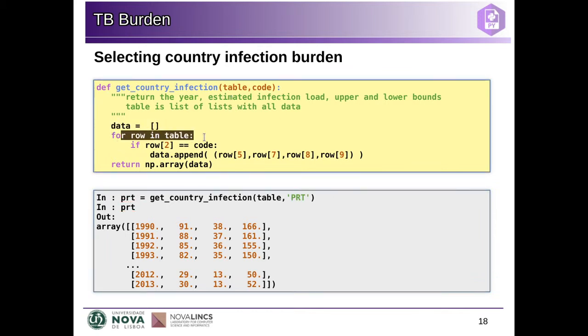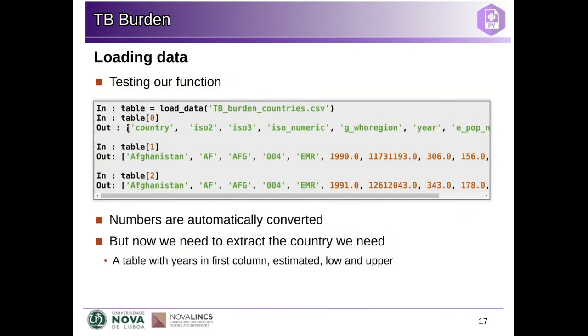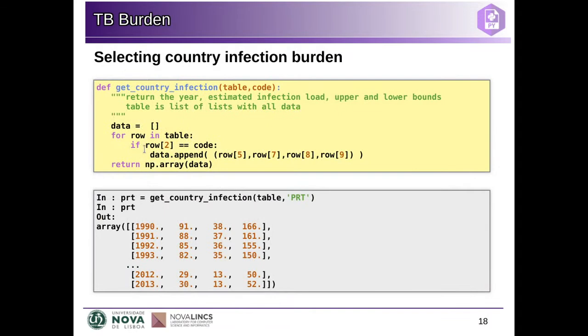For each row on this table, so for each of these lists here, it will look for the ISO 3 code that we specified in the third position. So if the element of index 2 on this row is the code that we specified, then it found an entry for the country that we want, and it will append to this matrix the year, the estimated burden, the lower bound, and the upper bound.